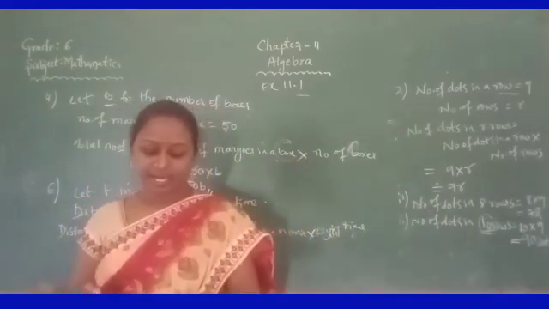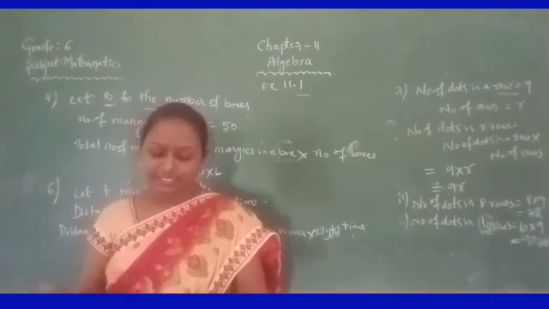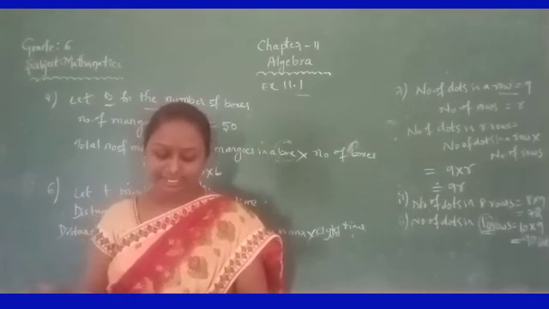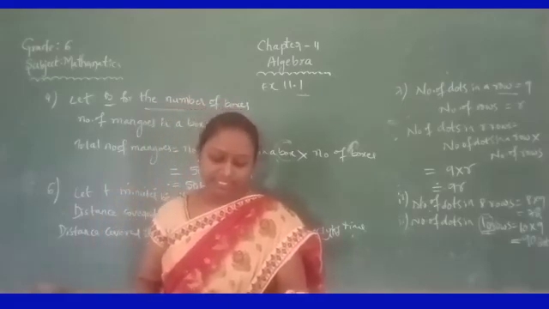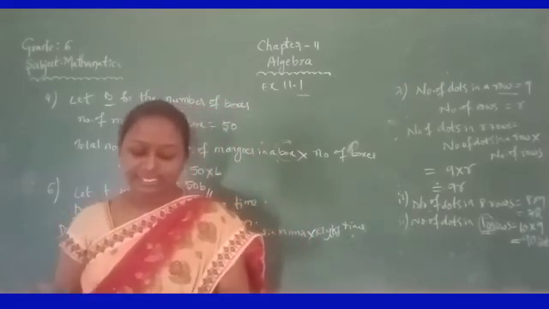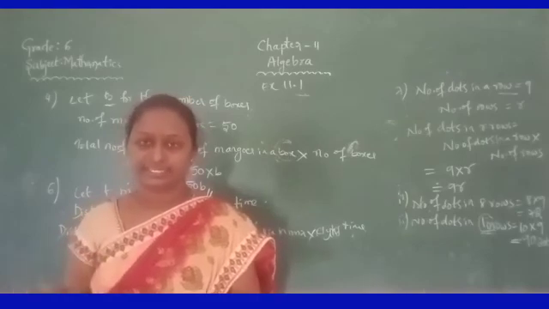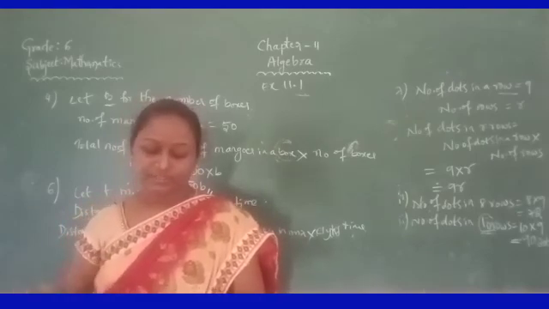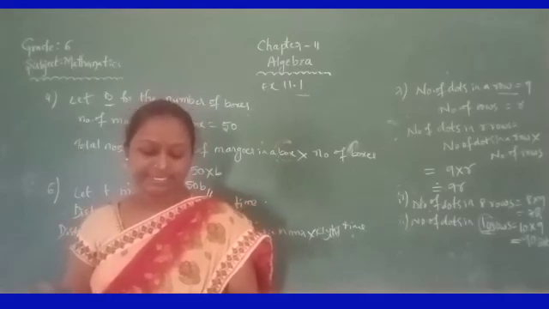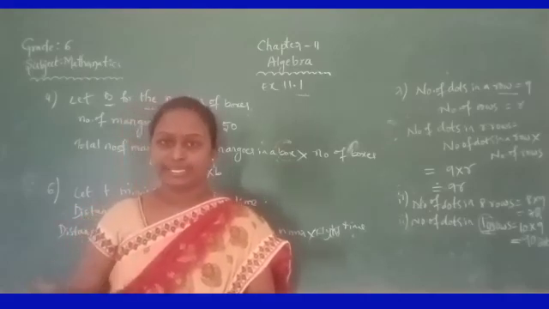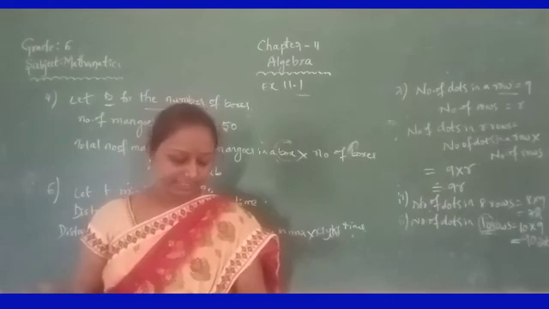8th question. Leela is Radha's younger sister. Leela is 4 years younger than Radha. Can you write Leela's age in terms of Radha's age? How many years younger than Radha? 4 years. Younger means you have to take minus. Right, minus.